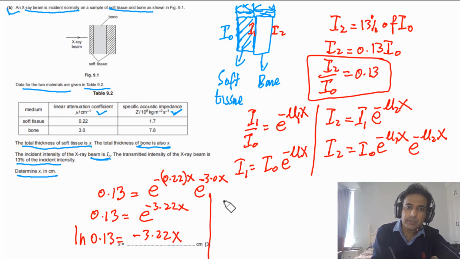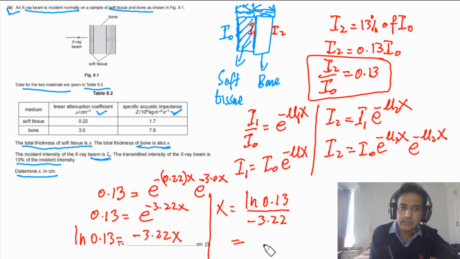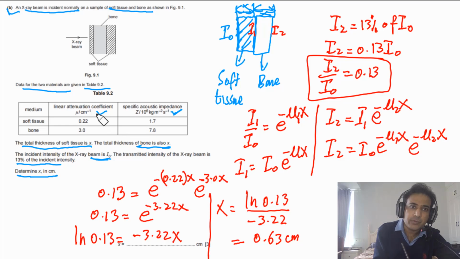So x will be equal to ln 0.1 divided by negative 3.22, and we will get our final answer, which will be equal to 0.63 centimeters, because the unit of mu is per centimeter.